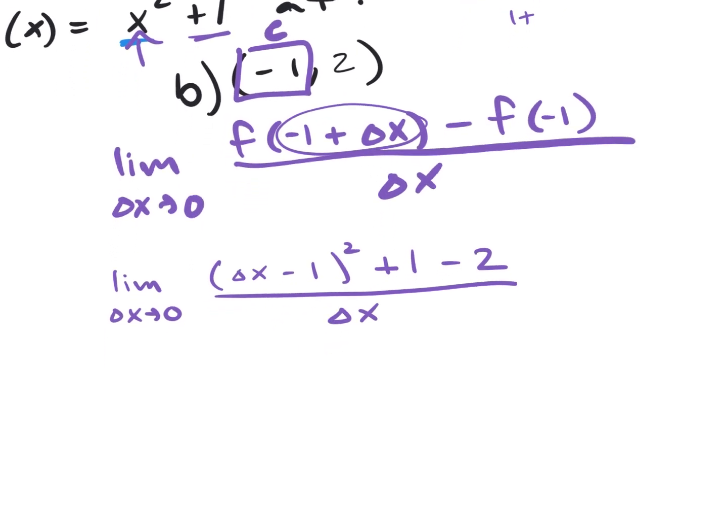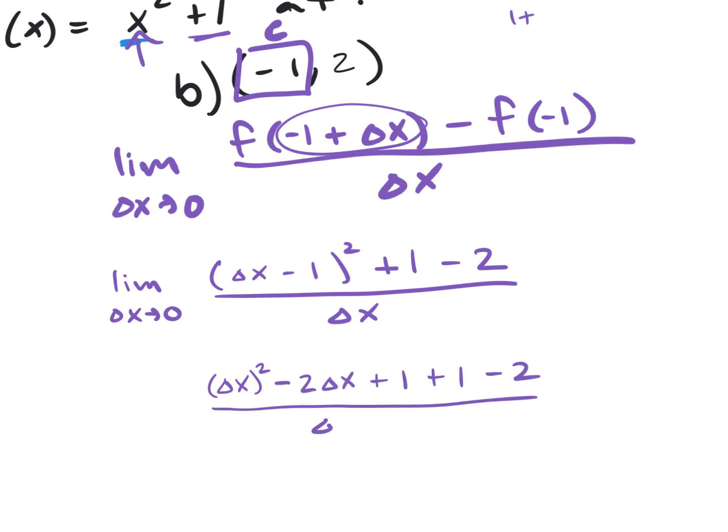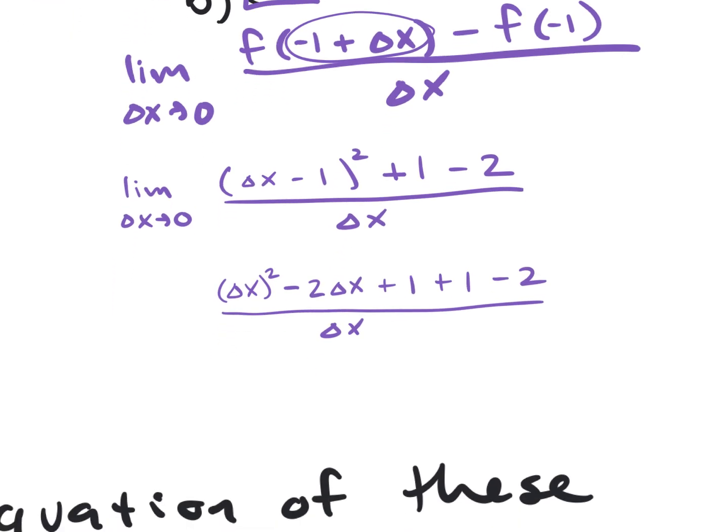All right. Let's simplify now. So dx minus 1 squared, if you want to, write it twice and FOIL it out. Or I know that it'll be dx squared minus 2 dx plus 1 minus 2 over dx. Anything cancel? 1 plus 1 would be 2, and 2 minus 2 is 0.